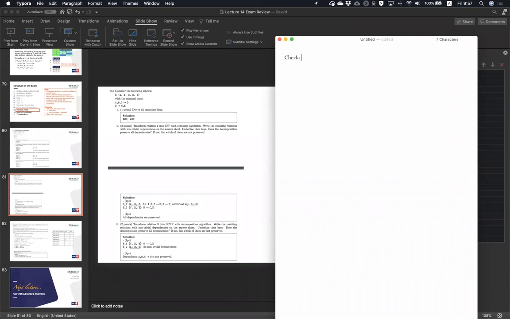Yes. Perfect. So let's try to see whether we have ABC to D. Okay, let's check this. Your question is how to do that via the axioms, right? For this one it's already there, right?